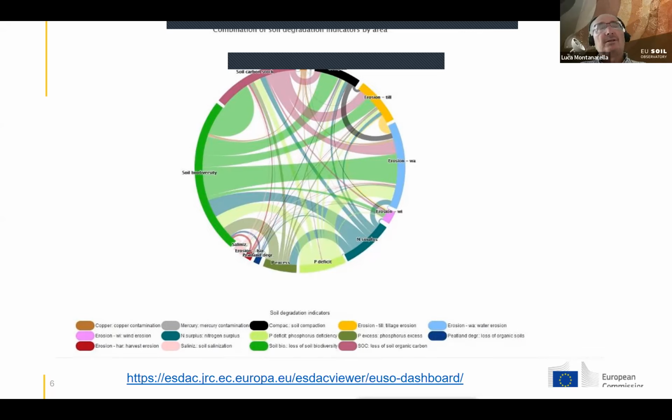The other aspect that is interesting in the dashboard that you can explore is the combination of soil degradation indicators by area, that allows you also to see the interlinkages between these various processes and indicators. So there is an overlap, as I said, and an interlinkage between the various indicators in those areas.